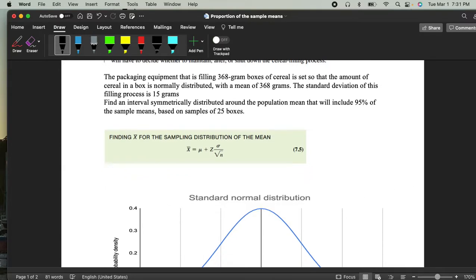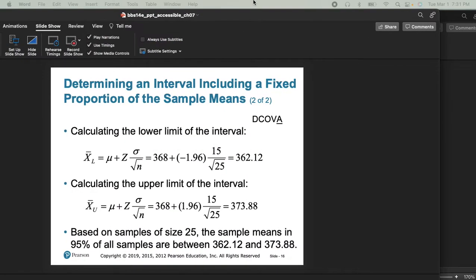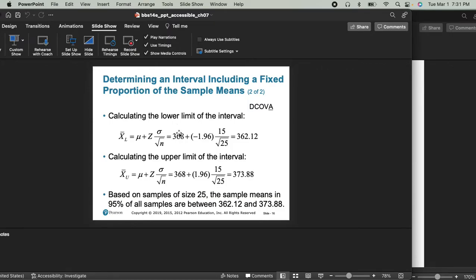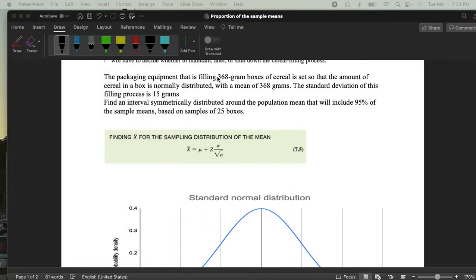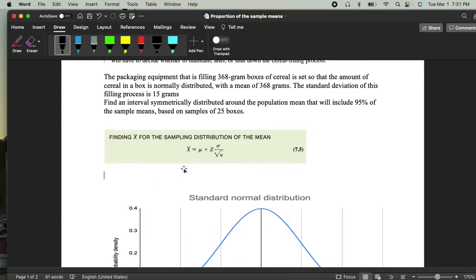So once we do that, we can go back in here, and all we have to do is add those values. So our mean is 368. That is given to us by the problem here, right? So we do have 368. Well, let's type in there the lower limit. This is going to equal 368 plus our z-score. We already know our z-score is negative 1.96.